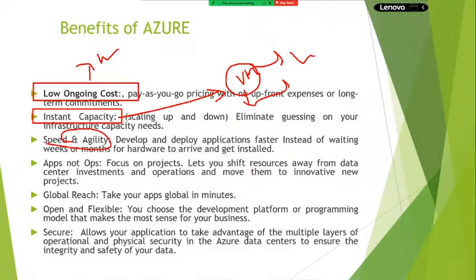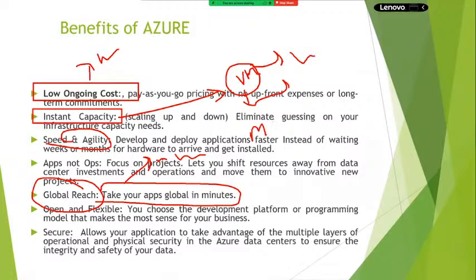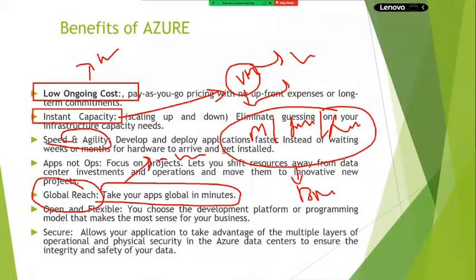Next, global reach. Your data can be distributed across the globe in minutes. Why are the applications of Microsoft, Google and Facebook very fast, even though they have billions of customers all around the world?